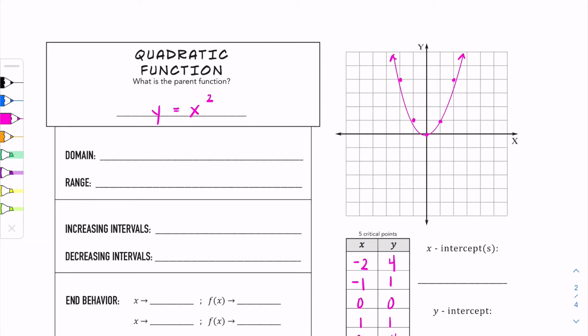From this graph, we can see that the domain is negative to positive infinity, and the range is from 0 to positive infinity. The domain never changes. It is always negative to positive infinity. The range does change. So it changes with the graph.